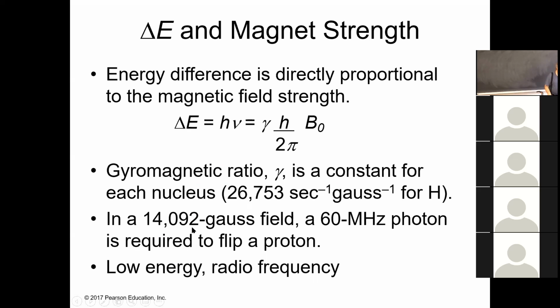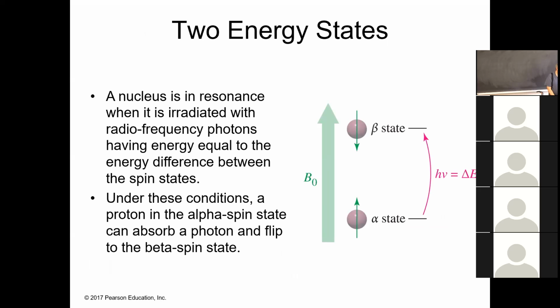In a 14,092 Gauss field, a 60 megahertz photon is required to flip a proton. This involves low energy in the radio frequency region of the spectrum. A nucleus is in resonance when it is irradiated with radio frequency photons having energy equal to the energy difference between the spin states.